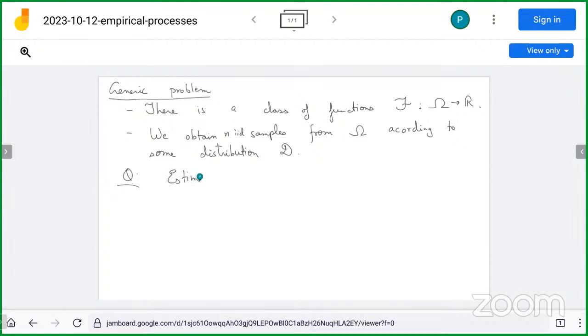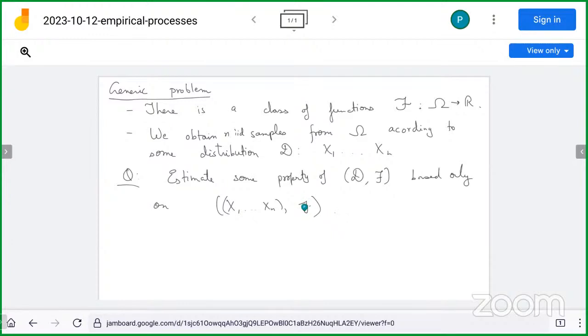Let's see what sort of thing this is: estimate some property of the measure based only on these samples, call them X1 through Xn. In one very simple case, which is all we're looking at today, you can later try to see how other things fit this framework.